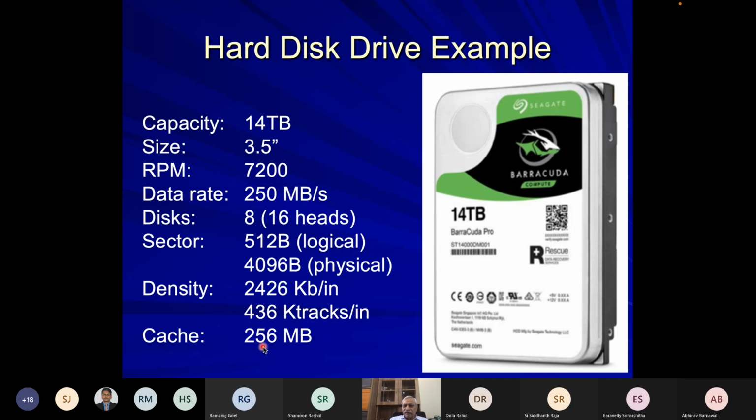And the last one indicates the presence of cache memory here, where data read from the track, for example, could be put in that memory, and from memory gets transferred to wherever it has to go to. Okay, so it's a local memory acting as a cache.